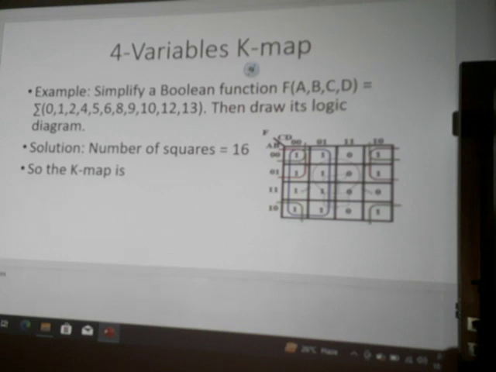Similarly, we can see in the K-map, the red marked squares are the adjacent squares which can be combined. So by combining these four squares, we have another term and we will write this term.